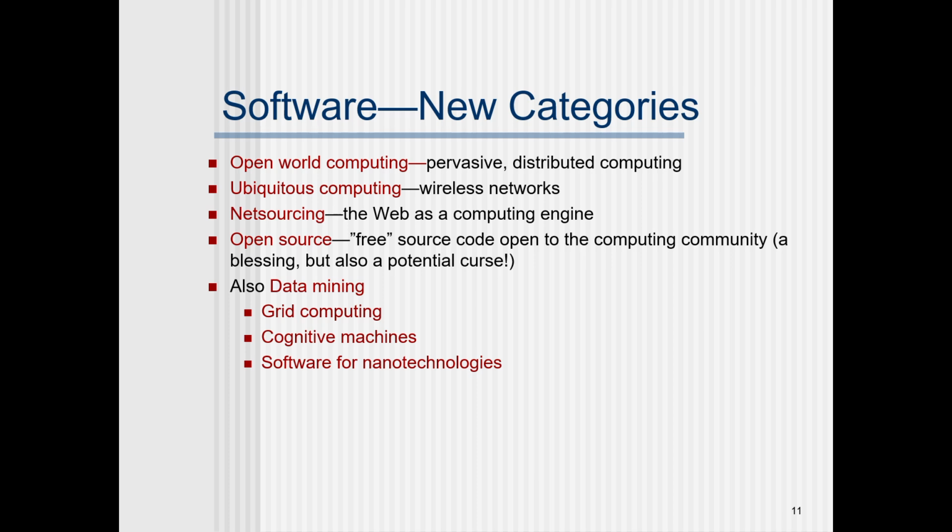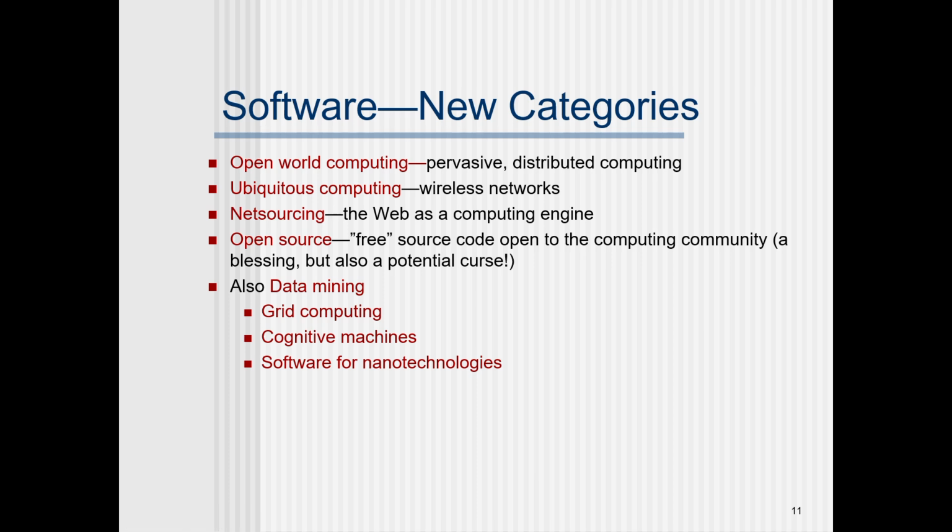Now, there are actually four things: open world computing, ubiquitous computing, net sourcing, and open source. Open world computing means distributed computing. Ubiquitous means it is available everywhere. Ubiquitous computing, in the sense of wireless networks, means there should not be any dependence on connectivity; even without connectivity the network should exist.